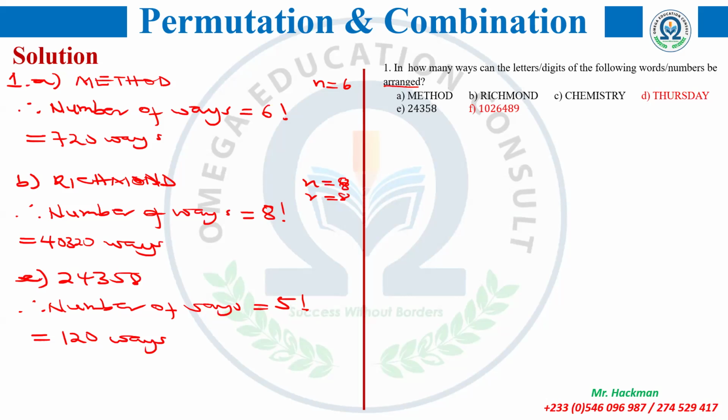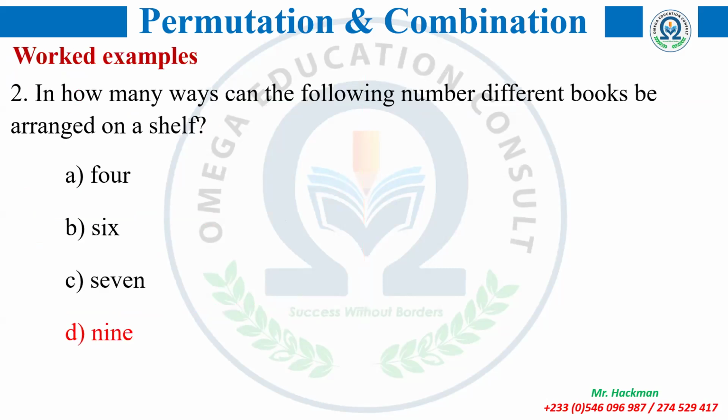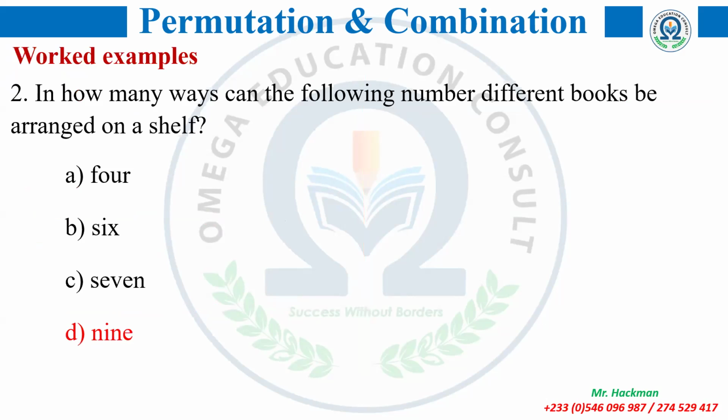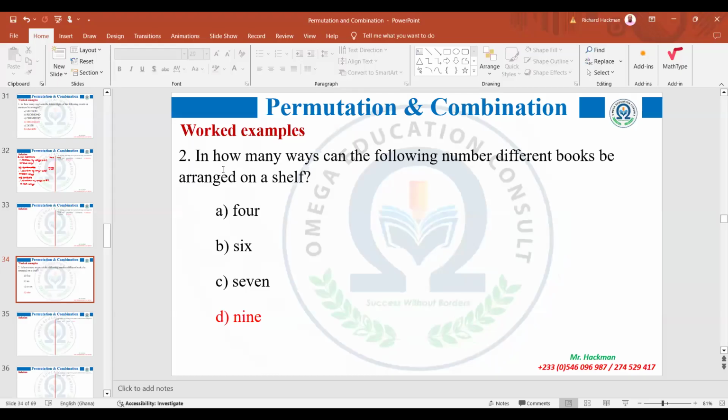Yes, sir. Okay, so we are going to move on to our second worked example. Let's look at this. In how many ways can the following different books be arranged on a shelf?